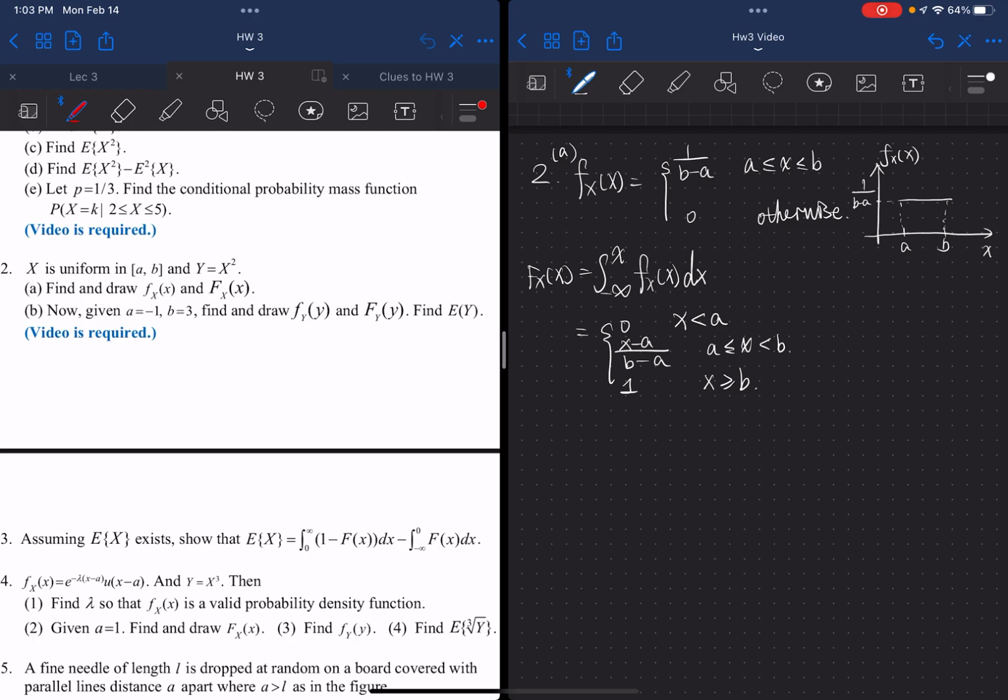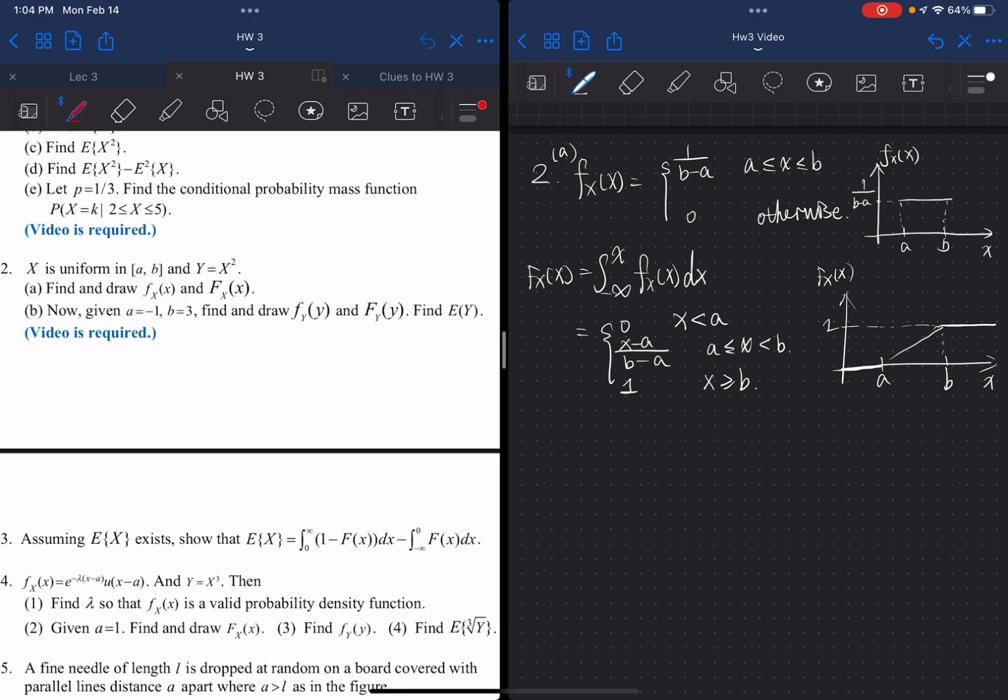Based on this formula, we can draw the distribution function of X. It is 0 when x is smaller than a, linear when x is from a to b, and it equals 1 when x is equal to b.